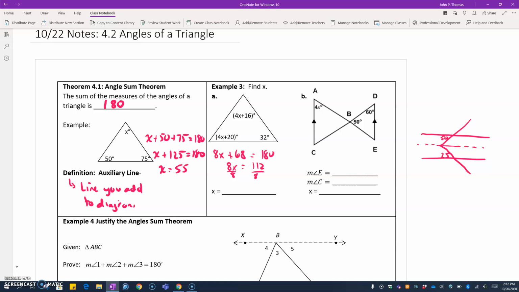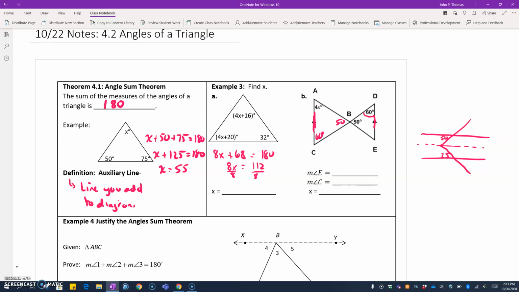Sometimes the problems are a little sneakier, though, like the next one. In this next one, we have two parallel lines, here and here. All right, so I'm going to lean on alternate interior angles first, and I've got the 60 degrees up here. That also comes down here to 60 degrees. All right, I have vertical angles, so I can bring the 50 degree in here. Now, alternate interior angles, I also know that E is the same as that 4x, so we have those two congruent as well.